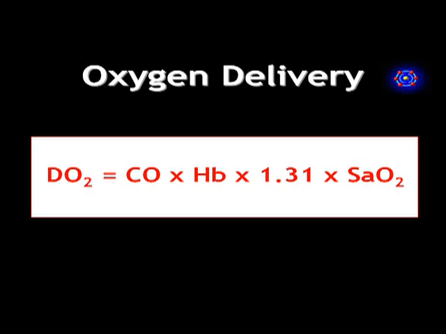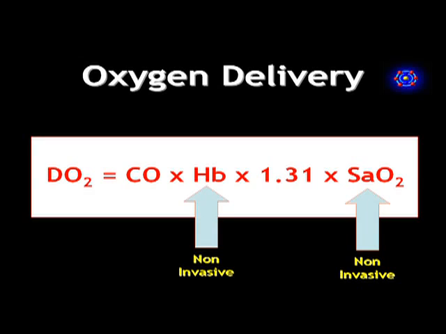So what we'll try to see is that we can obviously monitor the SaO2 non-invasively. I think that we'll discuss the potential ability to monitor hemoglobin non-invasively. And when it comes to cardiac output, we'll see how we can use non-invasive cardiac output monitors or more likely use surrogates for the assessment of cardiac output and cardiac output optimization.